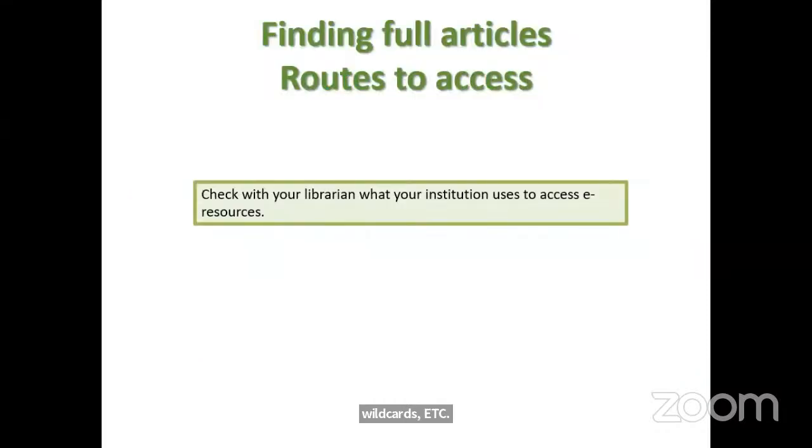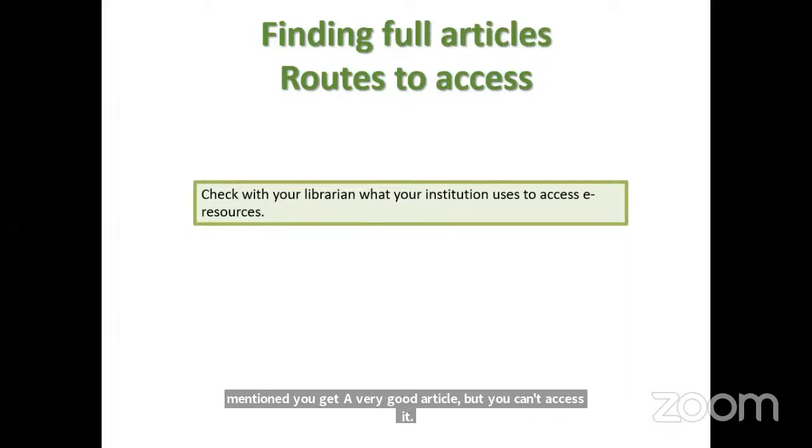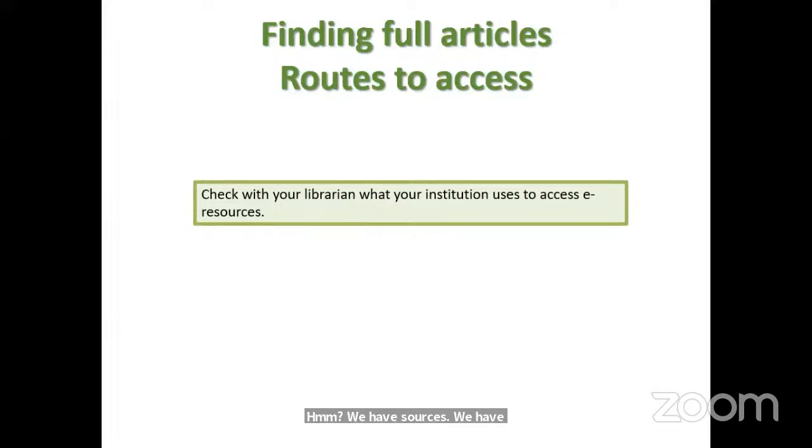Now, finding full text articles. I've already mentioned, you get a very good article, but you can't access it. We have been supported by Research for Life. They are giving us access to a lot of resources that we would not afford as institutions.